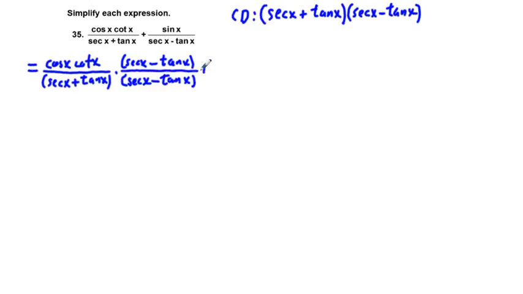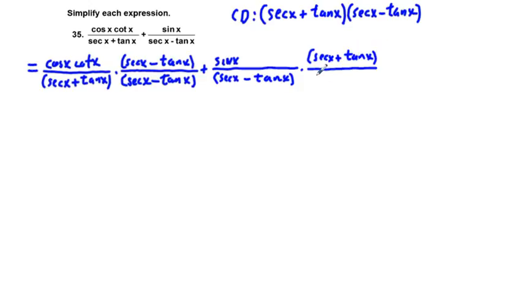And we have plus sine x over quantity secant x minus tangent x, times quantity secant x plus tangent x over quantity secant x plus tangent x.